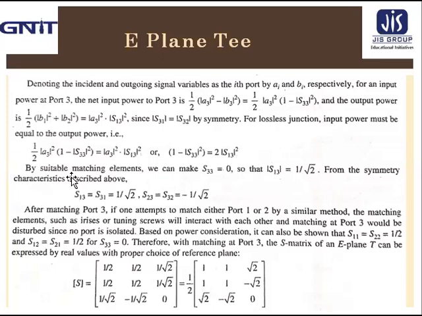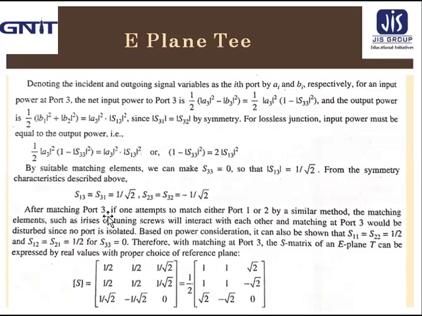By suitable matching elements we can make s33 equal to 0, so that s13 equals 1 by root 2. From the symmetry characteristics described above, s13 equals s31, which equals 1 by root 2, and also s23 equals s32 equals minus 1 by root 2.